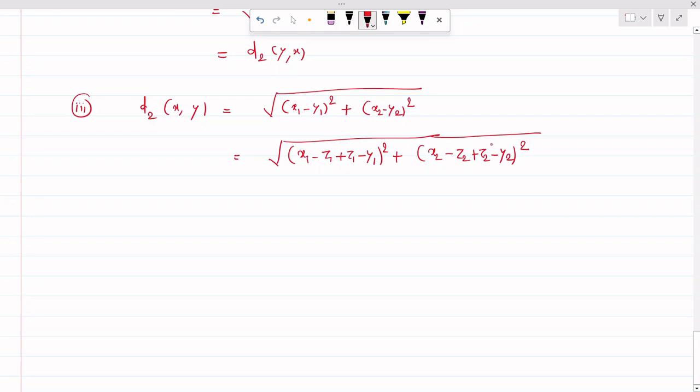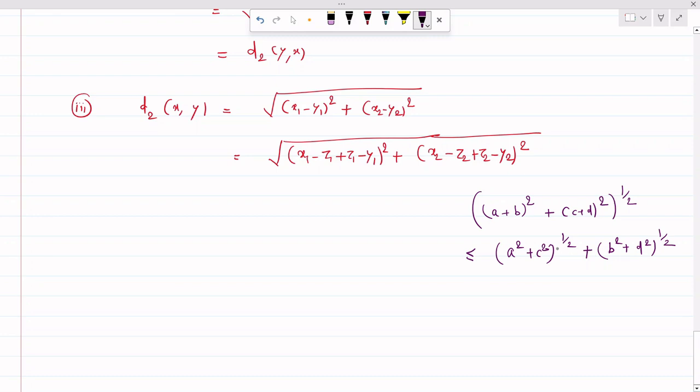Okay, now we will use the Minkowski inequality here. As per the Minkowski inequality, what can we write? In general, the Minkowski inequality reads like this: if we have (a plus b) square plus (c plus d) square, raised to half, that is less than or equal to (a square plus c square) raised to half plus (b square plus d square) raised to half.